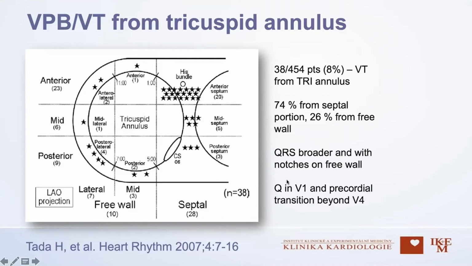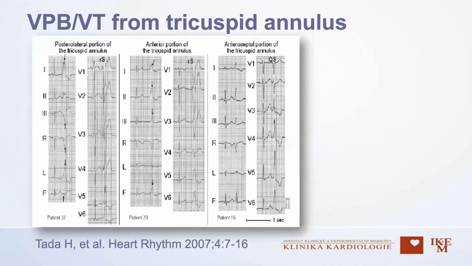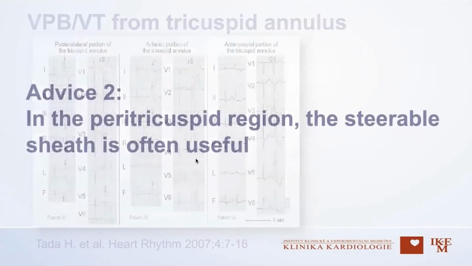And transition is usually beyond V4. Here you see a typical pattern again, positive in lead 1, depending if it's anterior or posterior or superior or inferior, whatever is the terminology. And then left bundle branch block with late transition.